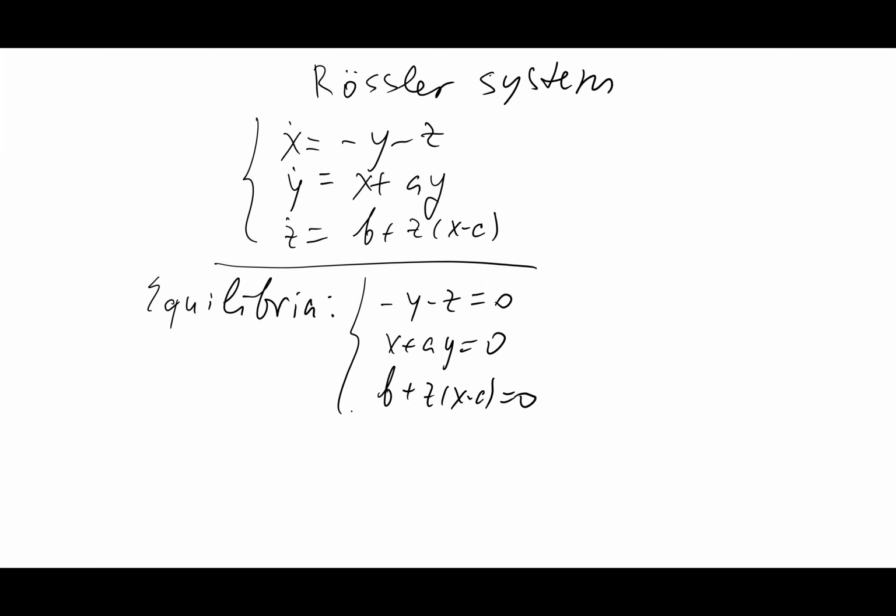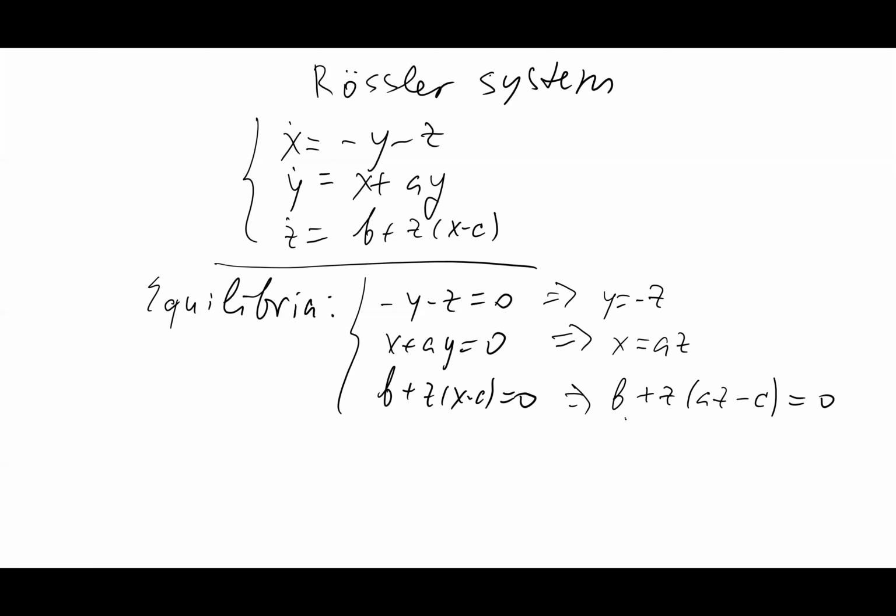equilibrium points. From the first we get y equals minus z. From the second we get x equals minus a y, or a z. And in the third, finally, we can put b plus z times, instead of x we put a z, so a z minus c.